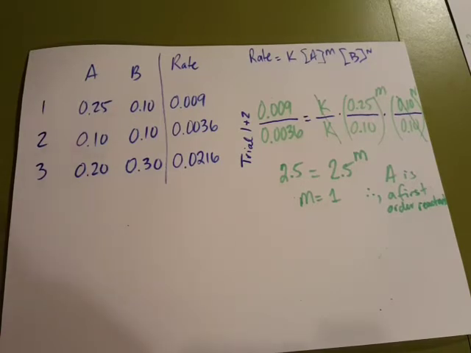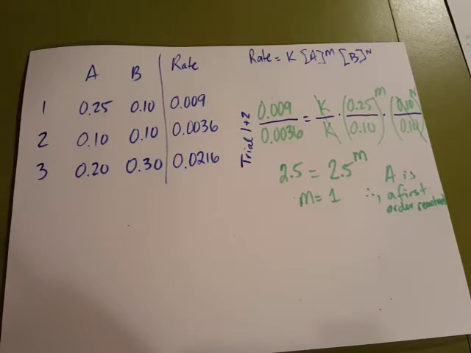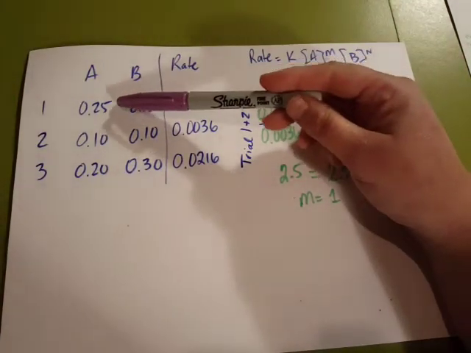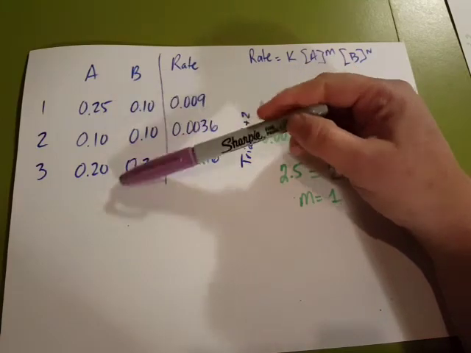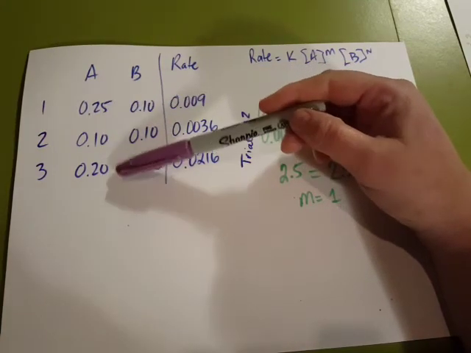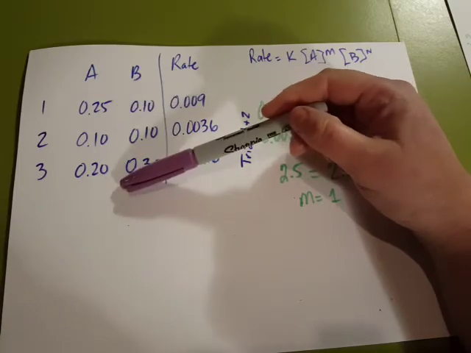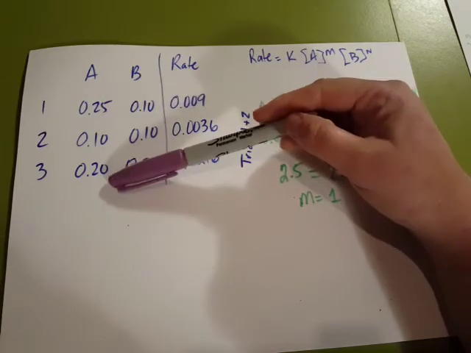So let's take a look at B and see what we can make of that. This is where your hand is forced into using the algebraic method because A never stays still. A never has 2 trials where it's consistent. A is always variable.